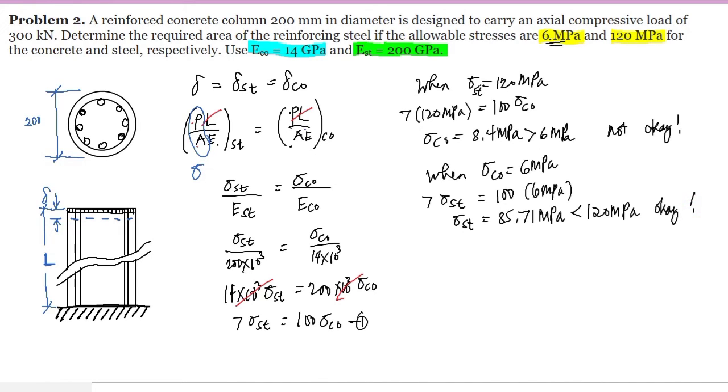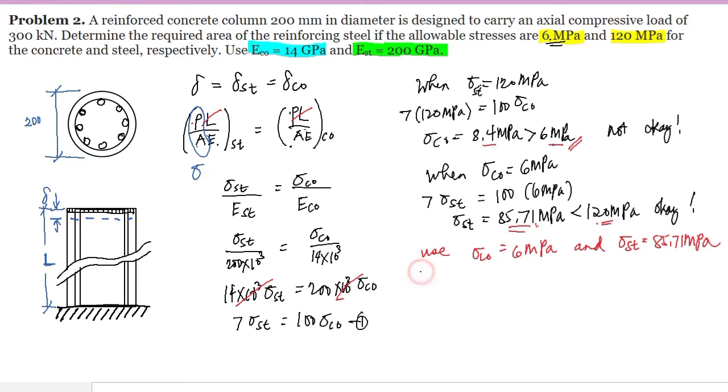So for the concrete, since 8.4 MPa exceeds the allowable 6 MPa, we have to use the allowable 6 MPa. And since the stress in steel does not exceed the allowable 120, we are going to use the actual 85.71 MPa.